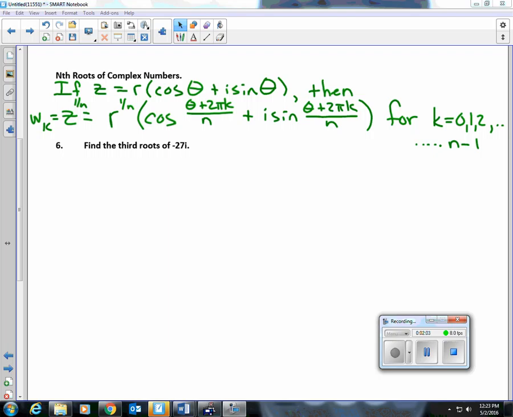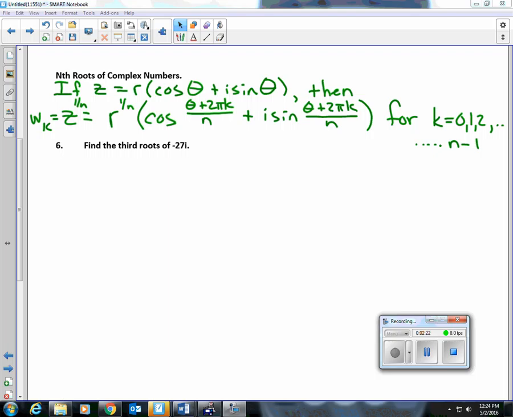Negative 3 times negative 3 is 9, times negative 3 is negative 27, but we need negative 27i. 3i is correct. However, what are the other 2 solutions? There are 3 total. And so it becomes quite challenging.